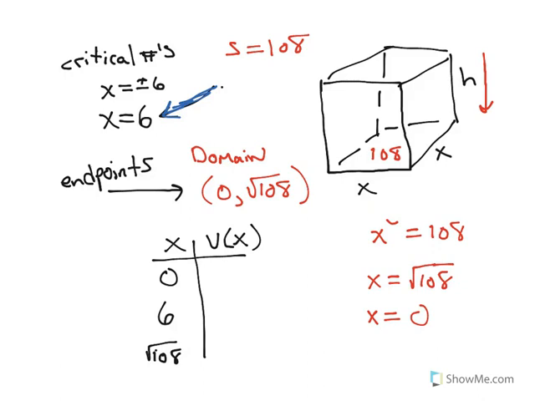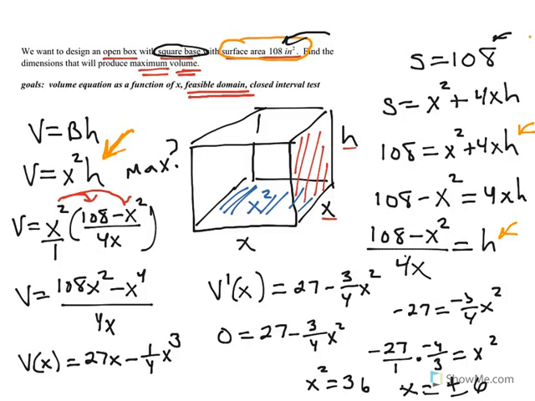And then you want to take these x values and plug them back into your volume model, so plug them back into V of x, and see what you actually get for a volume. So if we did V of 0, go back to a volume equation that is the most convenient to work with. You could maybe look at this simplified one. If we put 0 in for the volume equation, remember we're not putting it into the first derivative because we already know that's going to be 0 when x is 6.